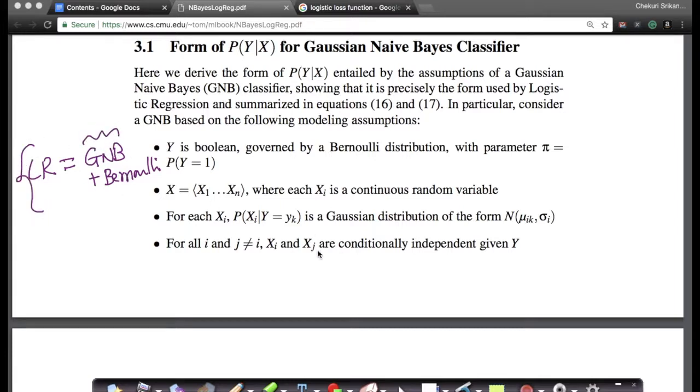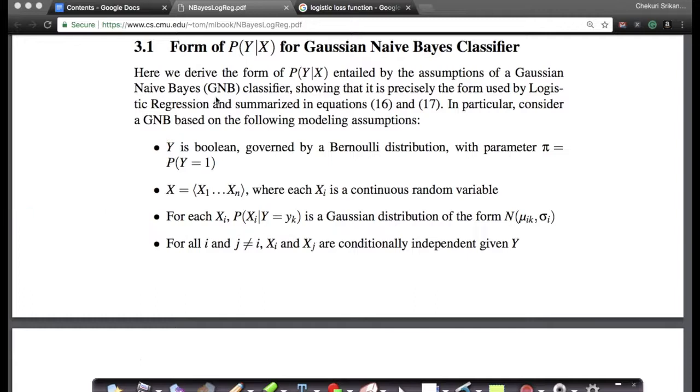Assumption 1: each of your conditional probabilities of xi given class label are Gaussian distributed. Assumption 2 is if your class label is Bernoulli distributed, you can easily derive logistic regression trivially using a bunch of simple algebra.